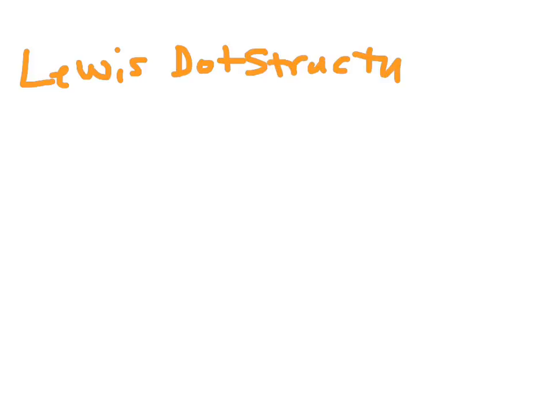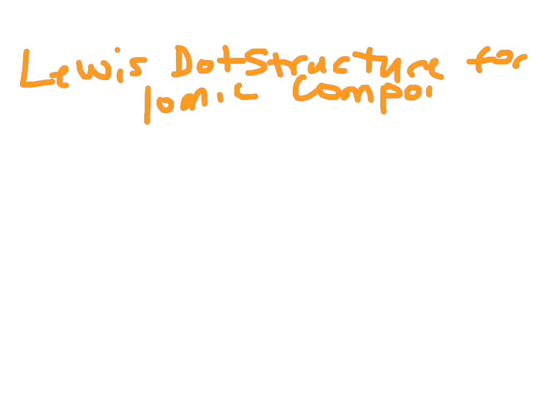Alright, now I'm going to explain to you, I don't know if you learned this, but I sure did. There is a way that you can draw a Lewis dot structure for an ionic compound. So you have one cation and one anion.